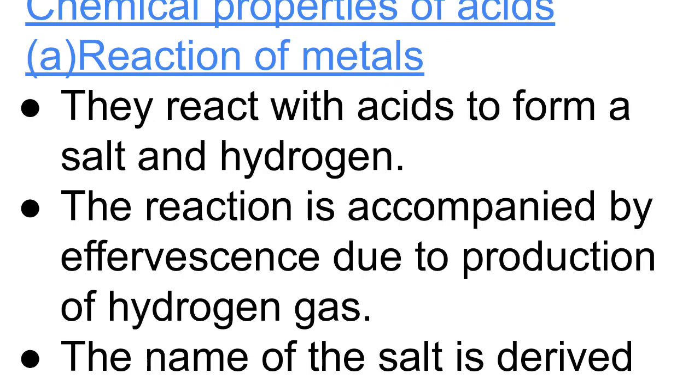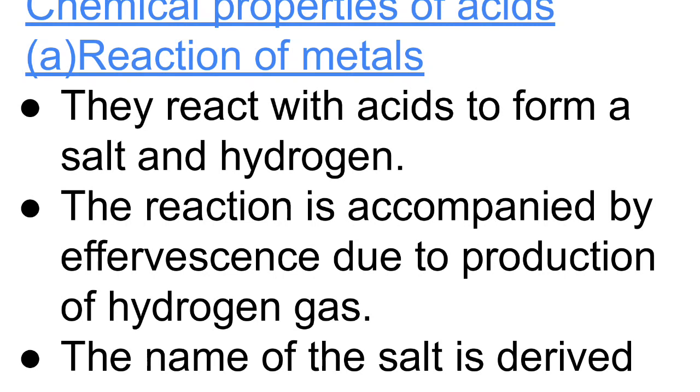Now let's move on to the chemical properties of acids. And the first one we are going to look at is reaction of acids with metals. Now, acids react with metals to form a salt and hydrogen gas.